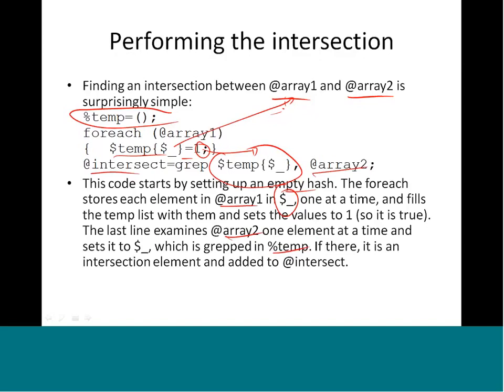If it is there, it is an intersection element, and that is added to the intersect. So each value from array 2 is stored as $_ and searched in the hash, and if it is there, then it returns that particular value, which is stored in the intersect. So this is a very easy way to do an intersection.